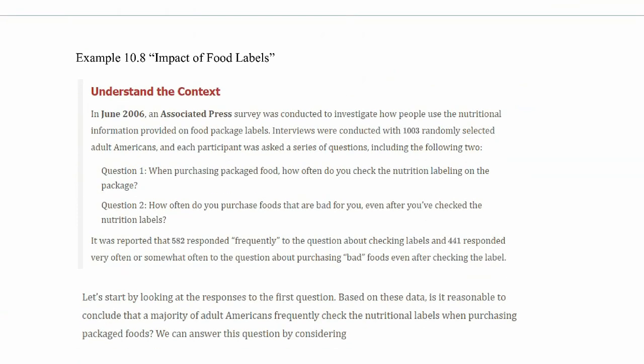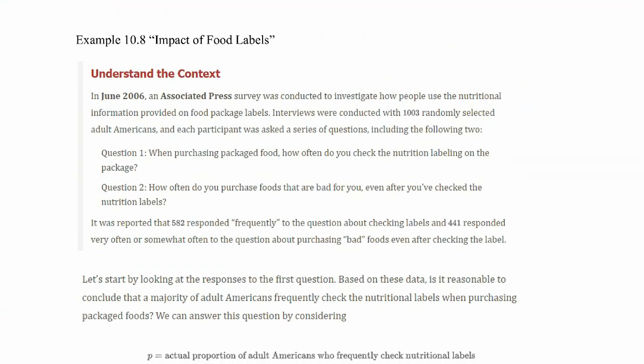So this is right out of the book, Impact on Food Labels. Understand the context. In June 2006, an Associated Press survey was conducted to investigate how people use the nutritional information provided on food package labels. Interviews were conducted with 1,003 randomly selected adult Americans, and each participant was asked a series of questions, including the following two.